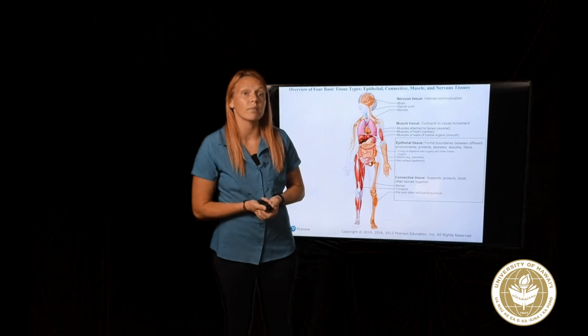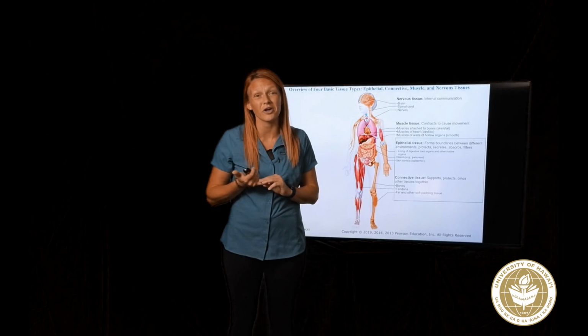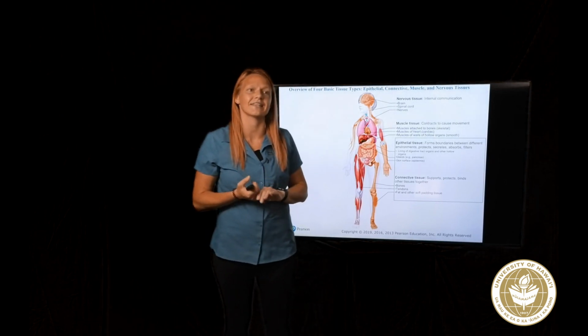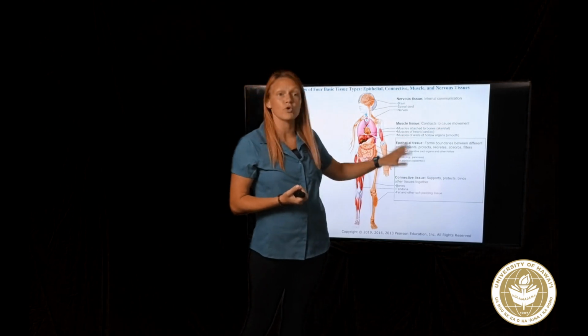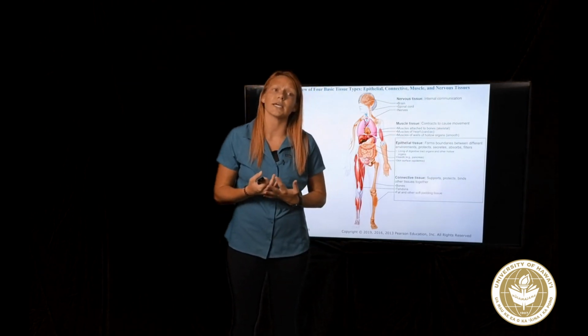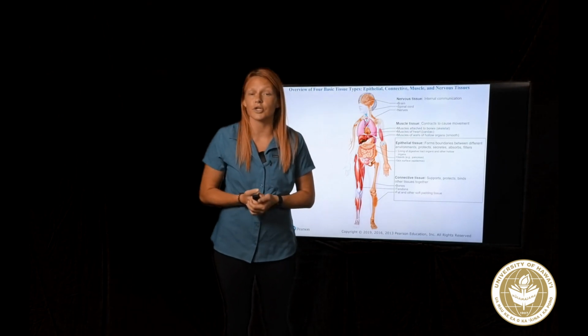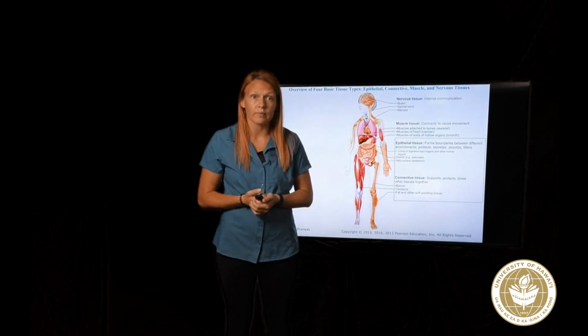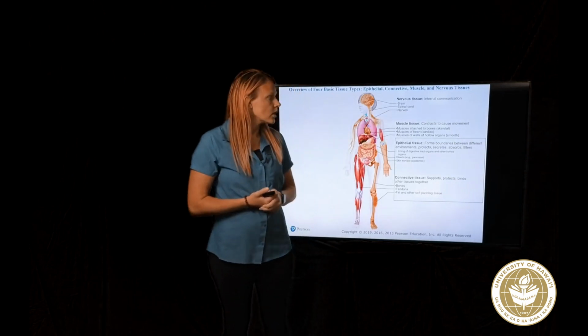Then we have the muscles of our hollow organs. So that's going to be things like our small intestine and large intestine and stomach. And those are known as our smooth muscles. And what they do is they help with digestion to push along all of the nutrients in your digestive tract. So we'll talk more about muscle tissue later as well.